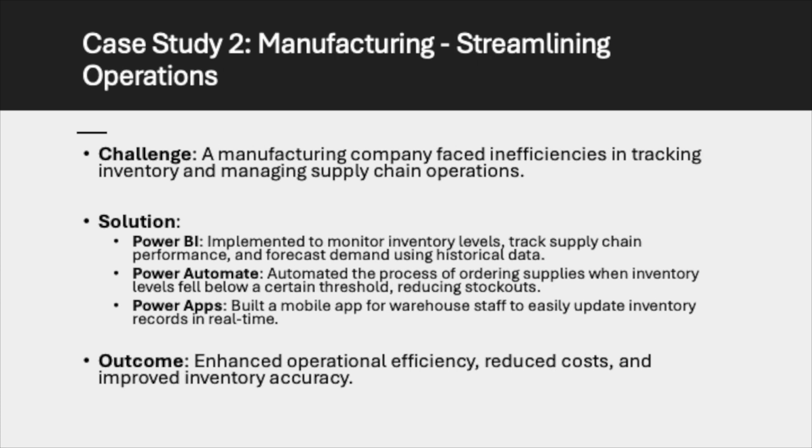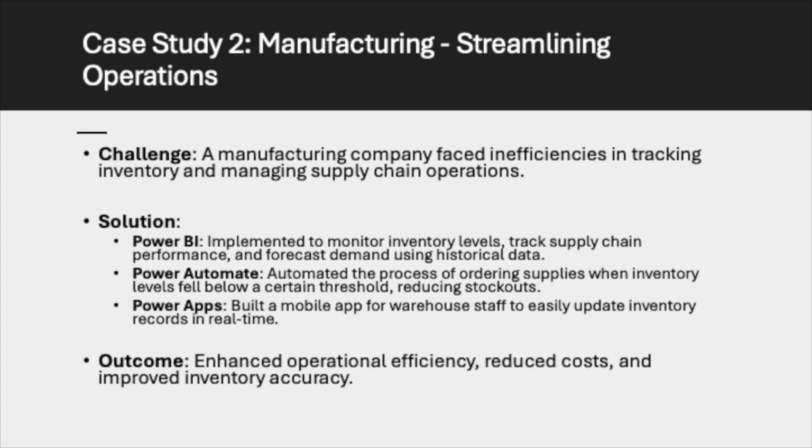Second case study, the manufacturing industry, streamlining operations. The challenge is a manufacturing company faced inefficiencies in tracking inventory and managing supply chain operations. Solution using Power BI: implemented to monitor inventory levels, track supply chain performance, and forecast demand using historical data.